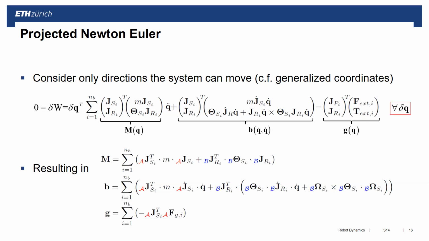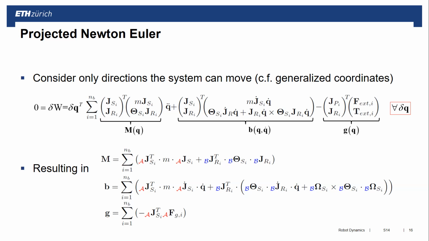What is interesting to see is that in here we have some Jacobians, we know how we derived them, some masses, some inertia tensors, and that's it. There's nothing more in these things. One important aspect was that we again have multiplications of two Jacobians, which we can only do if they're expressed in the same reference frame.